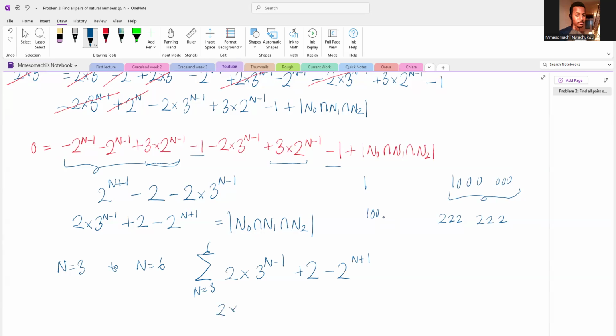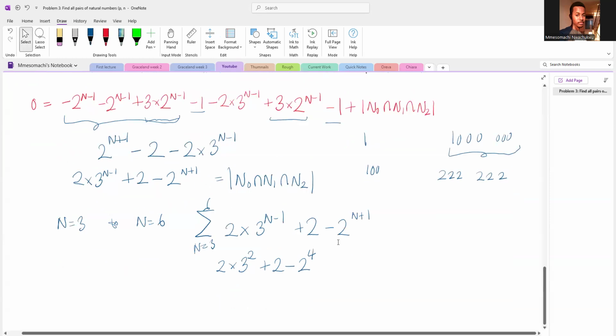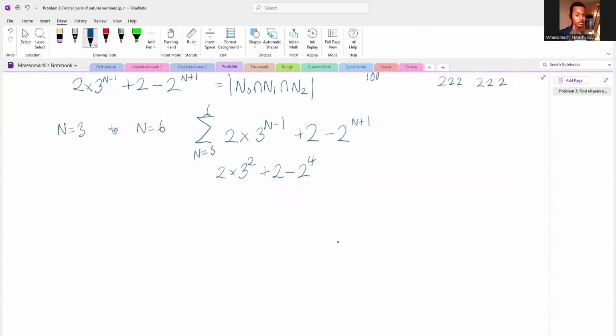So when n is 3, that'll be 2 times 3 squared plus 2 minus 2 to the power of 4. Okay, so let me scroll down, I need enough space to do this.